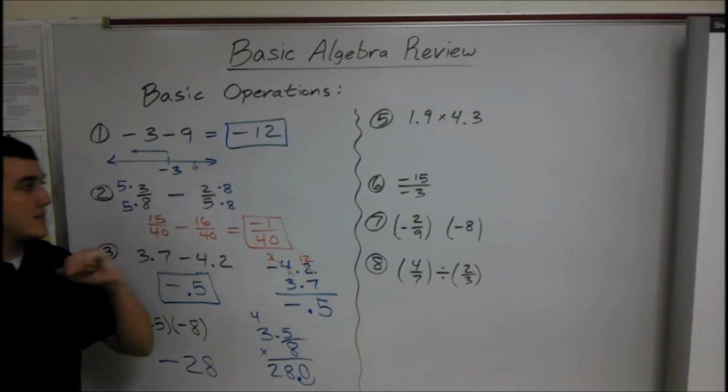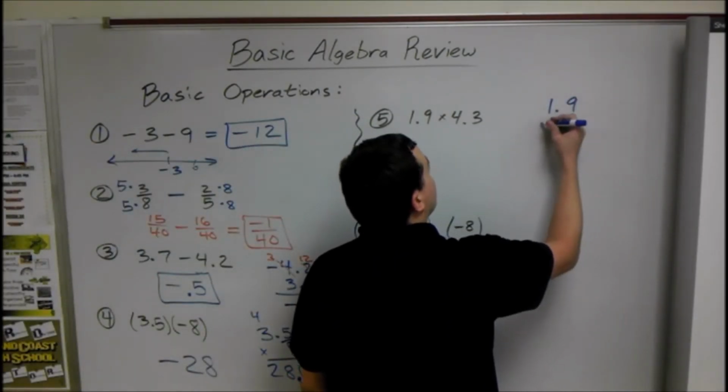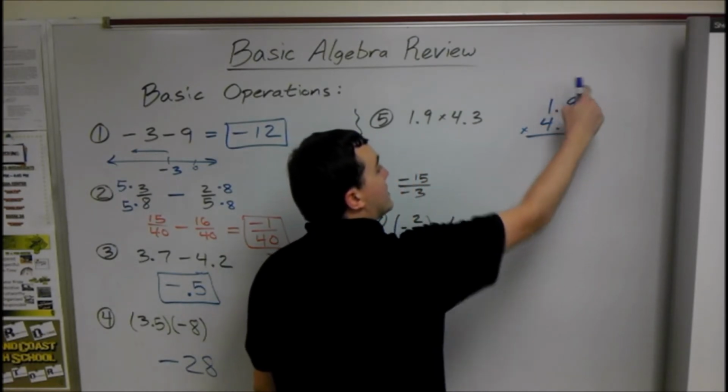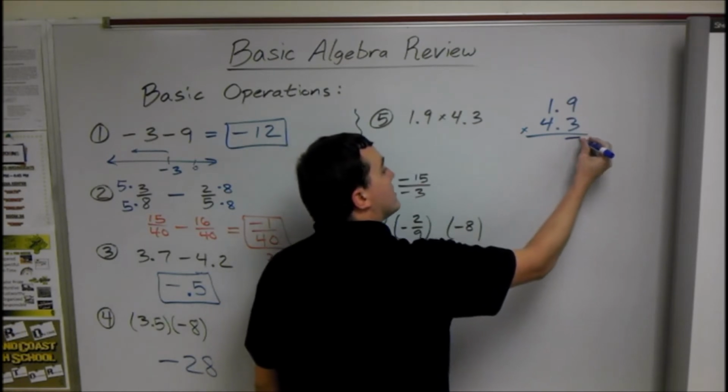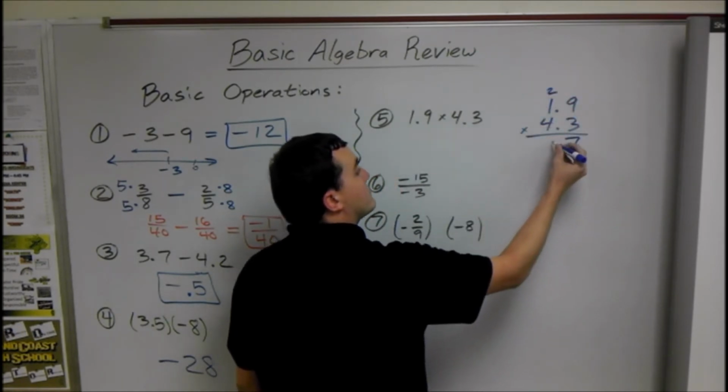Same thing, multiplying decimals. We have 1.9 times 4.3. 3 times 9 is 27. 3 times 1 plus 2 is 5.